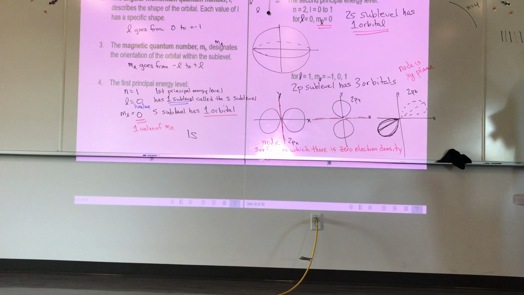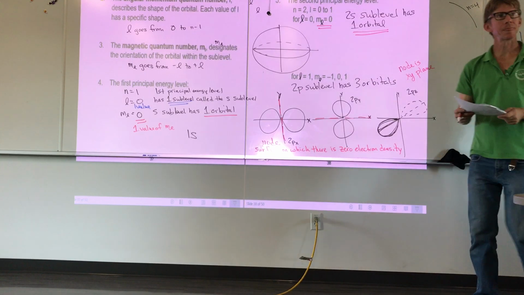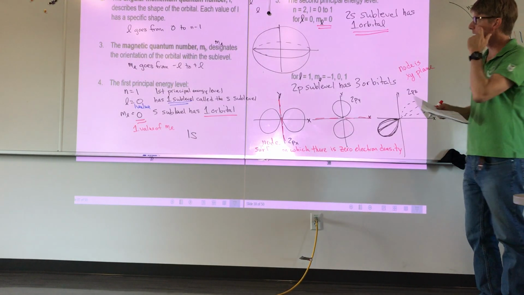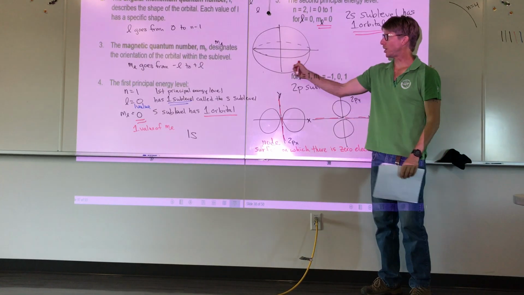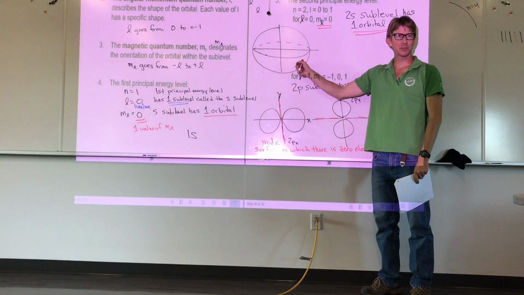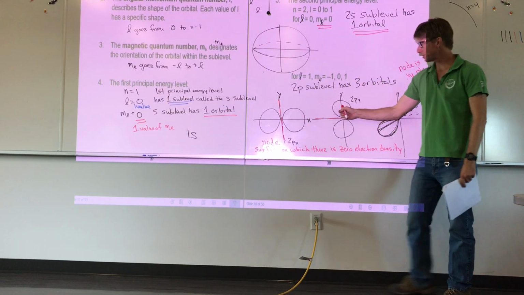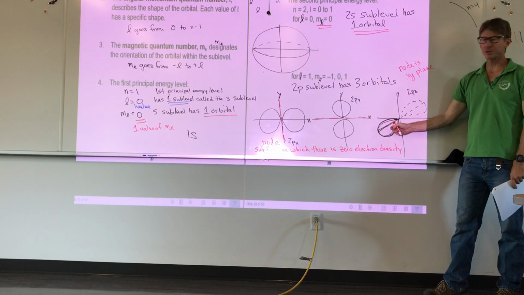Any other questions? Yeah, Jeff. How do you tell if it's a 2s or 2p sublevel? Oh, good question. How do you identify 2s or 2p? So each s sublevel is spherical. So the 2s will be this one. These will be part of the 2p sublevel.